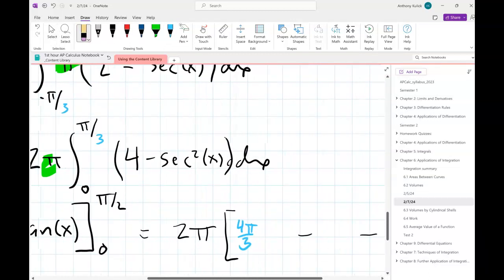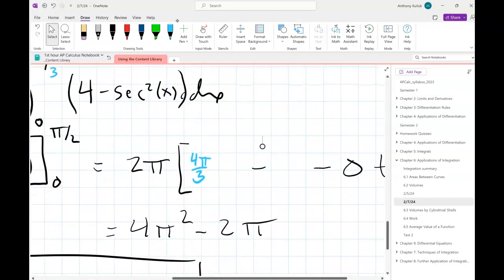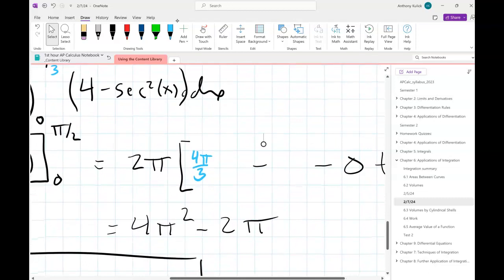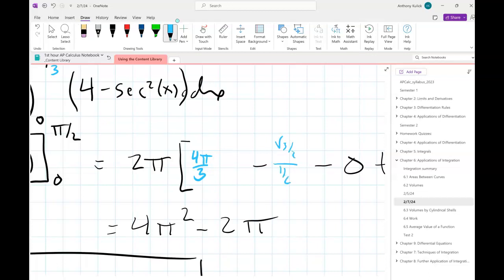And then tangent of pi over 3 is sine of pi over 3, which is root 3 over 2, and cosine was 1/2, so that simplifies down to root 3.